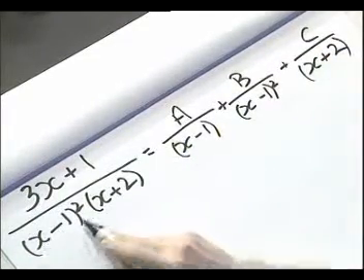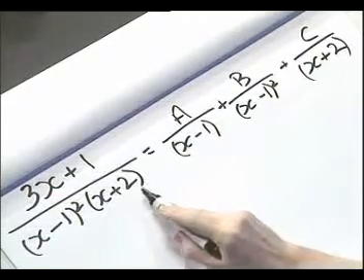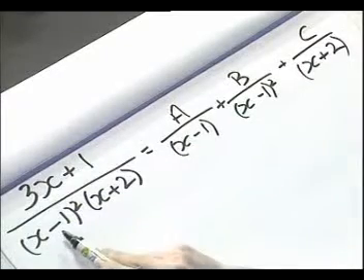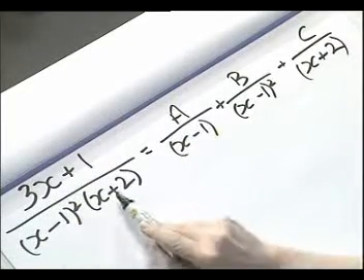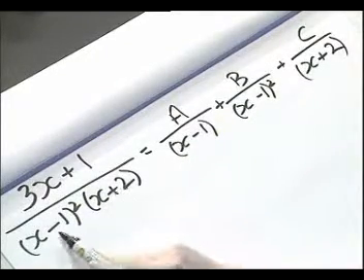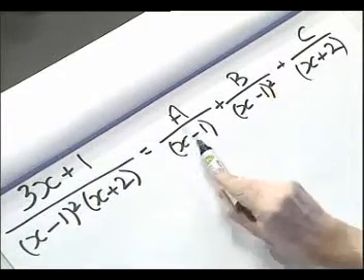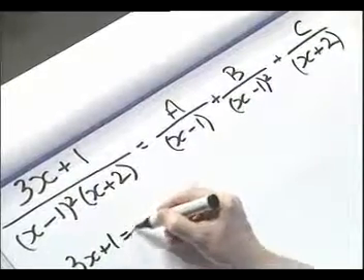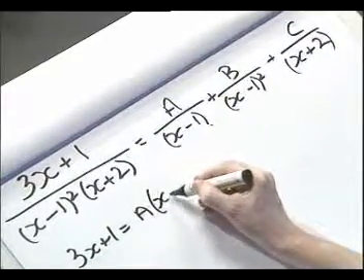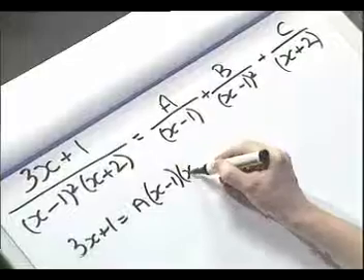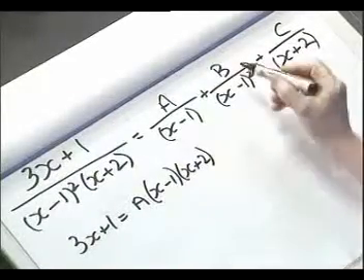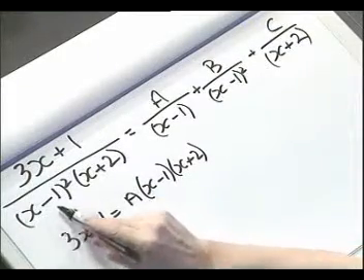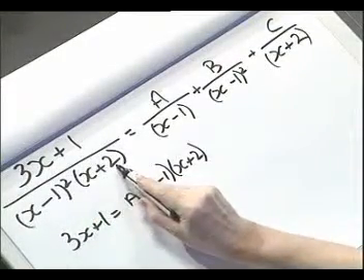Again, we multiply through by the bottom line here. So we get a over x minus 1 times x minus 1 squared times x plus 2. One of the x minus 1's will cancel, leaving us with 3x plus 1 equals a times x minus 1 times x plus 2. b over x minus 1 squared times x minus 1 squared times x plus 2.